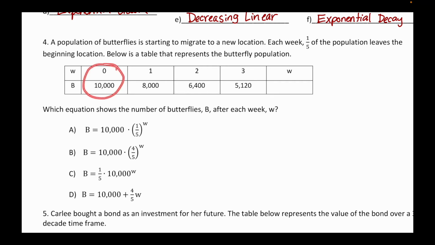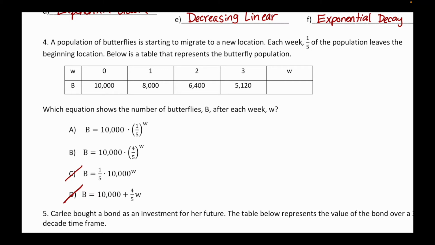Well, I can look at week 0 for my initial value, so I know it's going to be 10,000. It looks like it's going to be one of these two, because it would not have 10,000 with the exponent on it. So we can say it's definitely not this one. And we know that with exponential growth and decay, we don't use a plus.